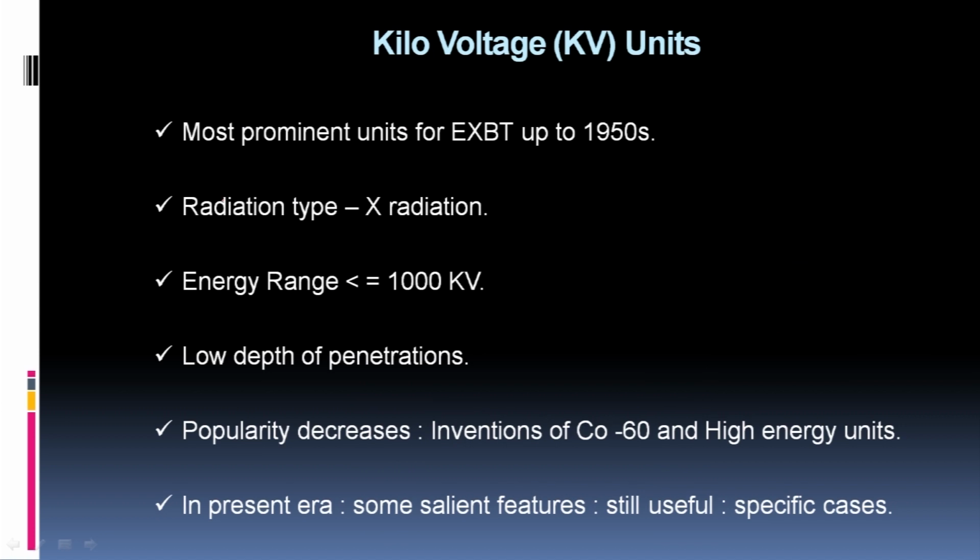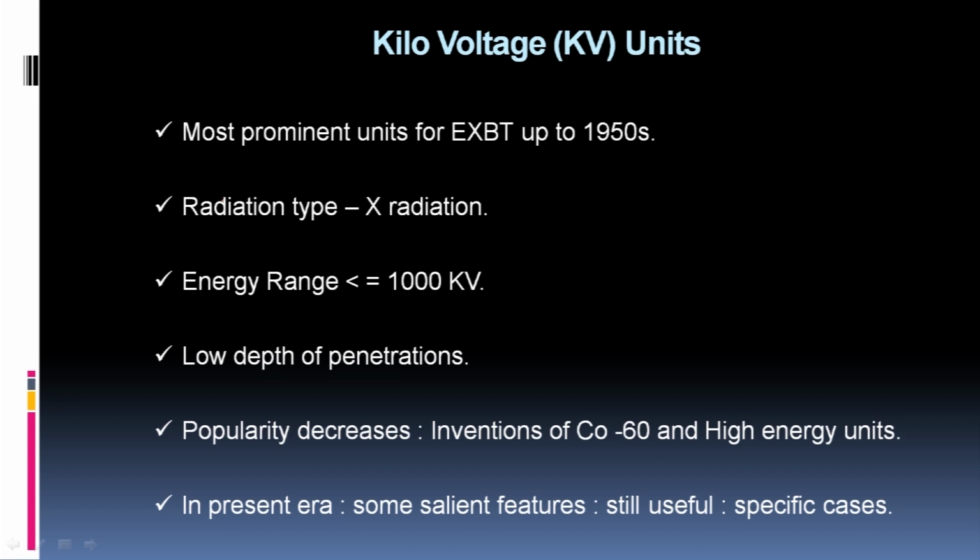Now kilovoltage units were prominent units for external beam radiotherapy up to the 1950s. They are used for treatment of cancer patients as external beam radiotherapy, the radiation type is of course X radiation, and the energy range is less than or equal to 1000 kilovoltage. Because they are low energy X radiation, the depth of penetration is very low.